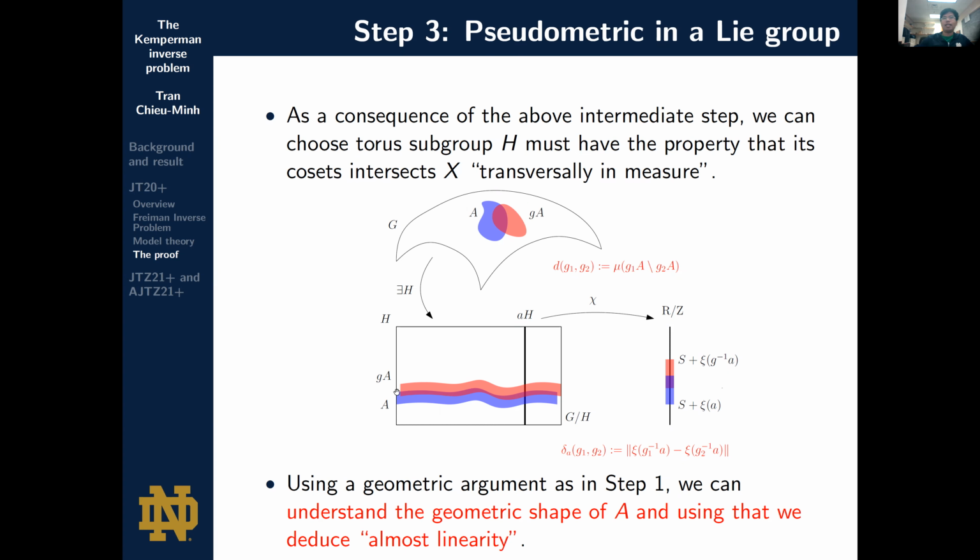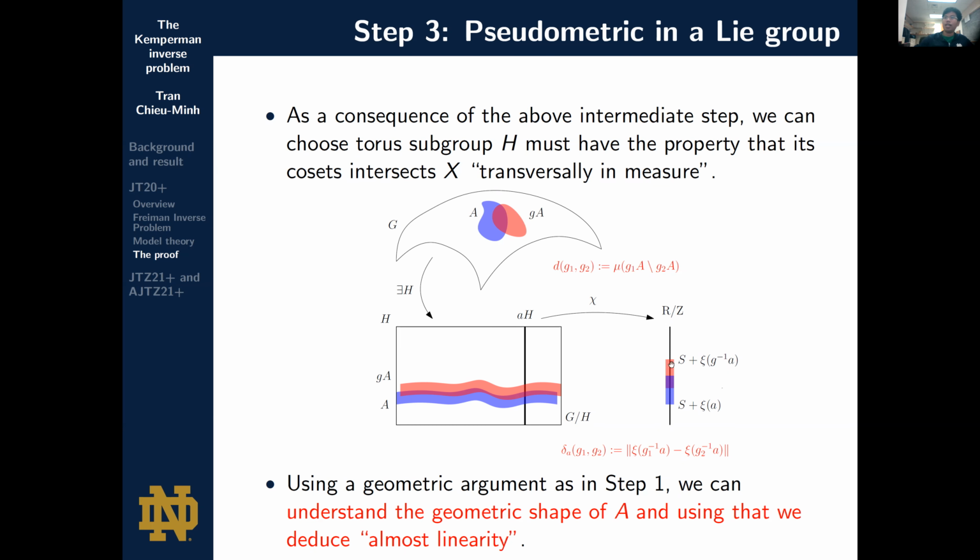We learned that A needs to look just like a strip, and moreover, any translation of A needs to look like a strip. And because of that, to understand the behavior of the measure of the intersection, you can look at the intersection with a generic left translation of your torus subgroup, right?